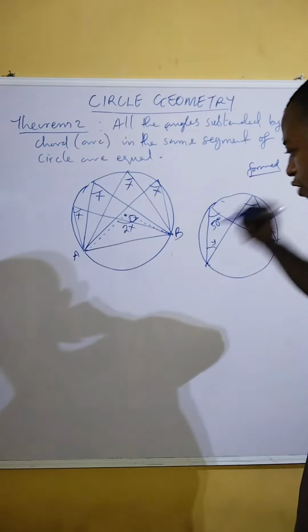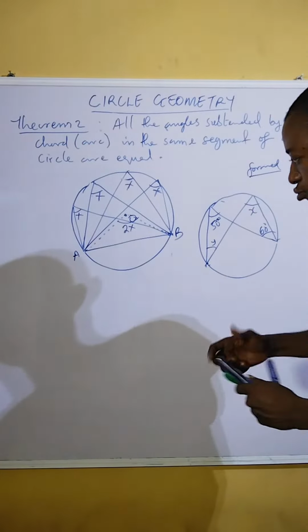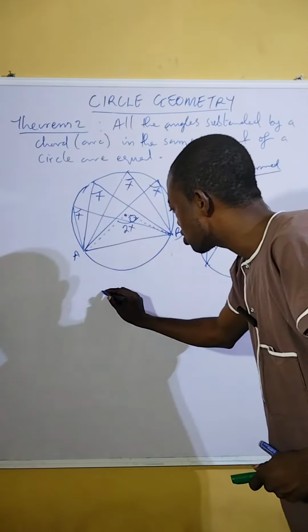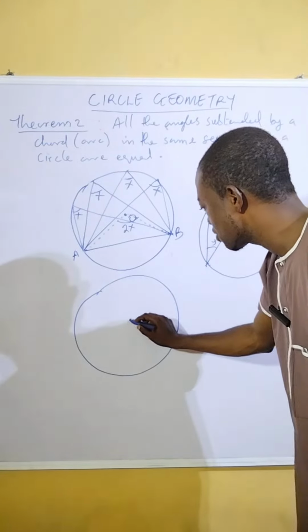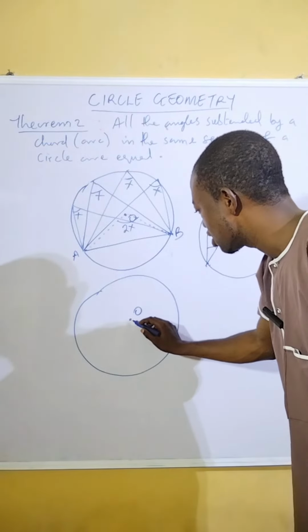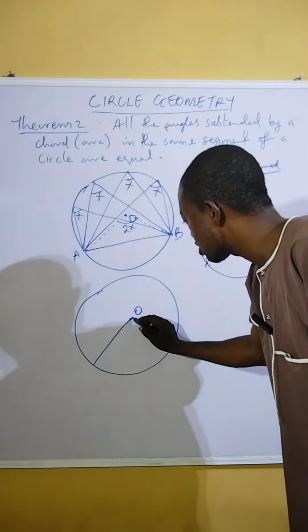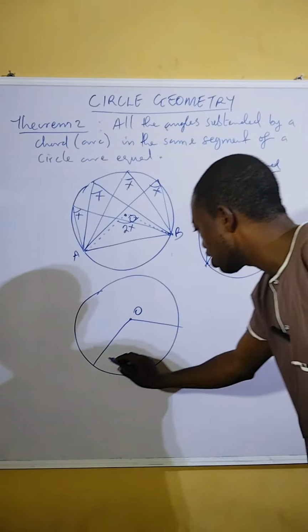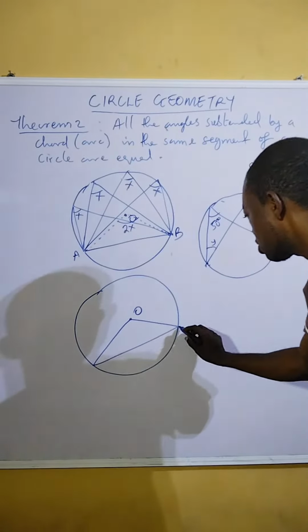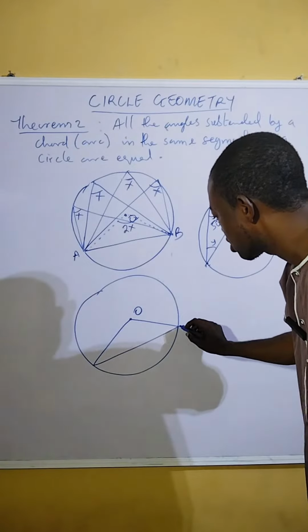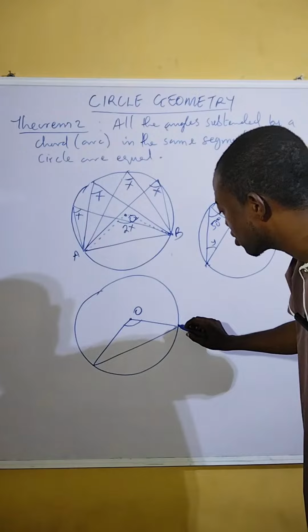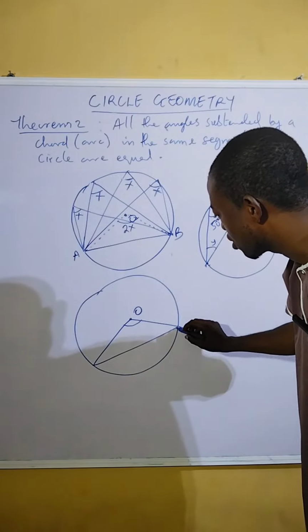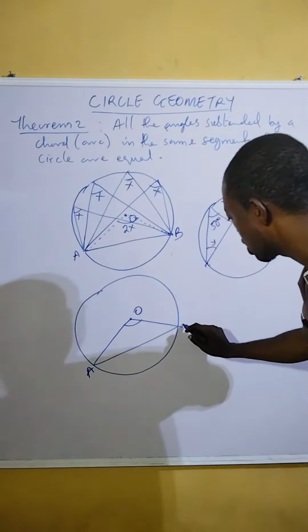So it doesn't matter. Look at it. If I draw this one now, and I have this angle here, this is center. I have maybe a chord actually, and this chord subtends this angle at the center, and I have another angle here from this same chord. Let's call this chord AB now.